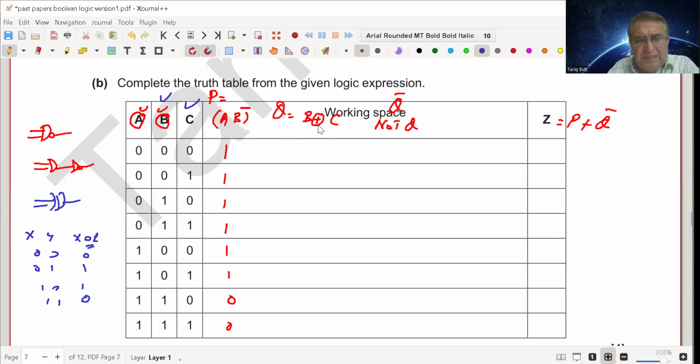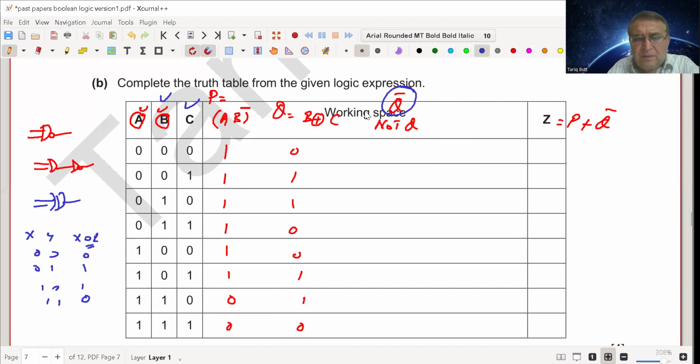So Q is B XOR C. So you have to XOR these two columns for B and C. So 0 XOR 0 is 0. 0 XOR 1, 1. 1 XOR 0, 1. 1 XOR 1 is 0. Same, output 0; different, output 1. Different, output 1, and same, output 0. That's it.